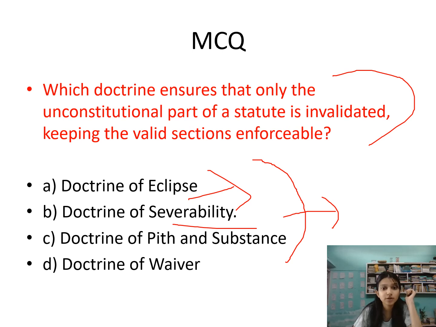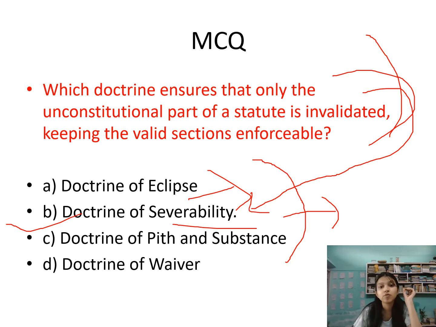So the answer would be the doctrine of severability. It is talking about the separable or inseparable part, which is indirectly linked to the doctrine of severability and also gives us a hint of the correct answer.